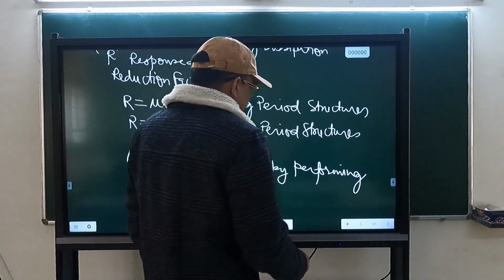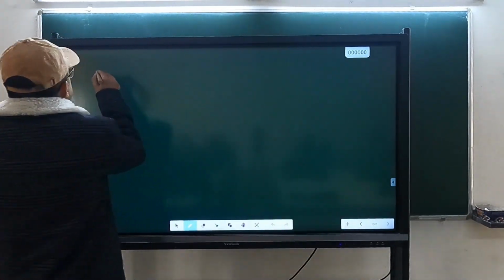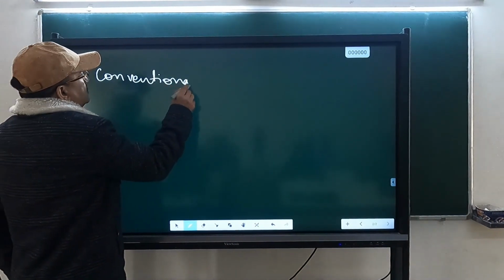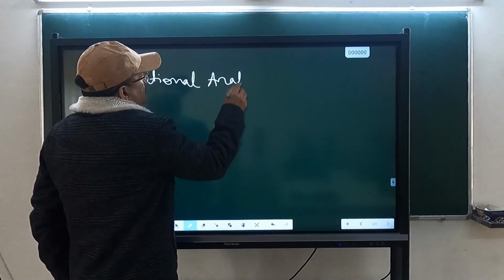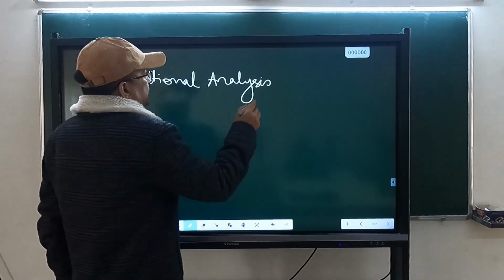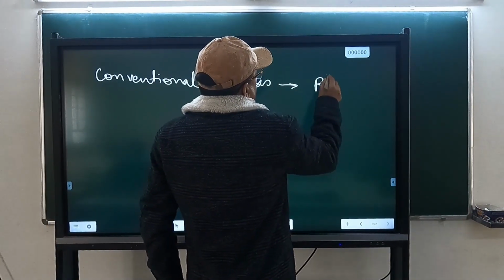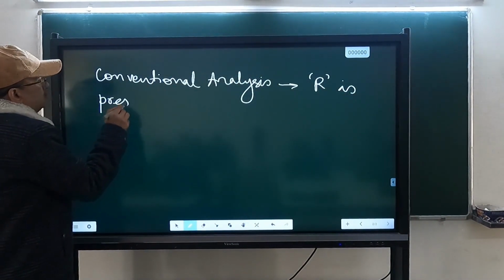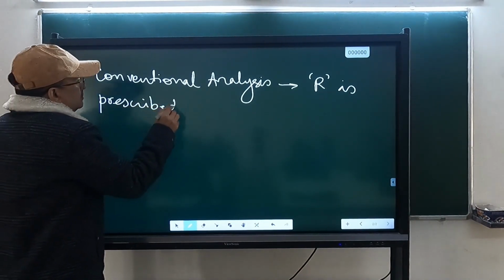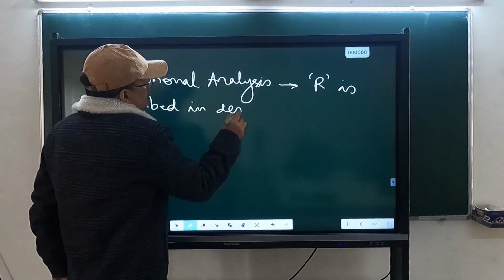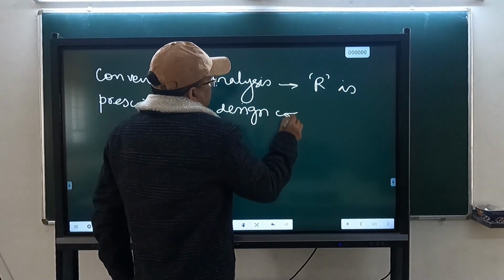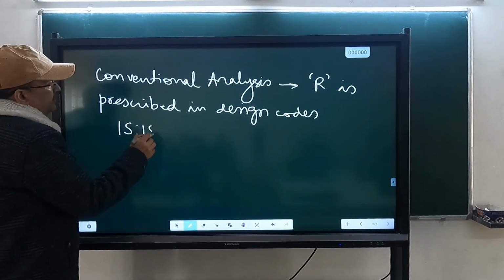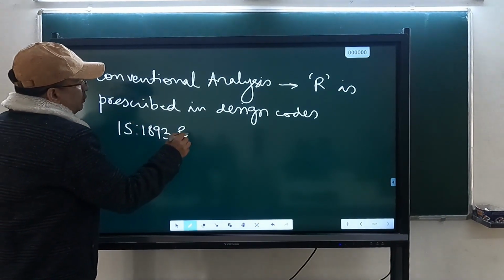So in conventional analysis, R is given in the design codes. For example, for us, it is IS 1893, Part 1.